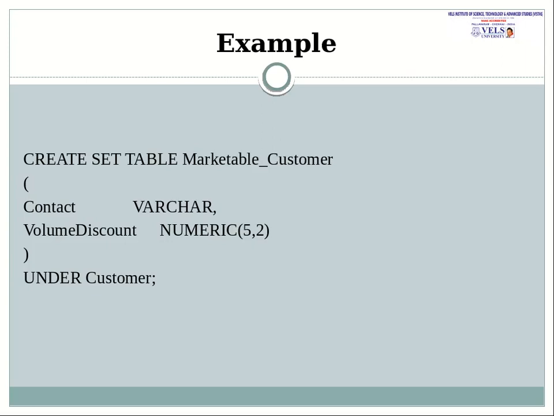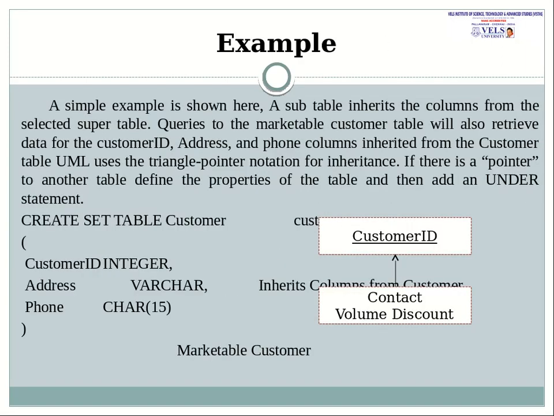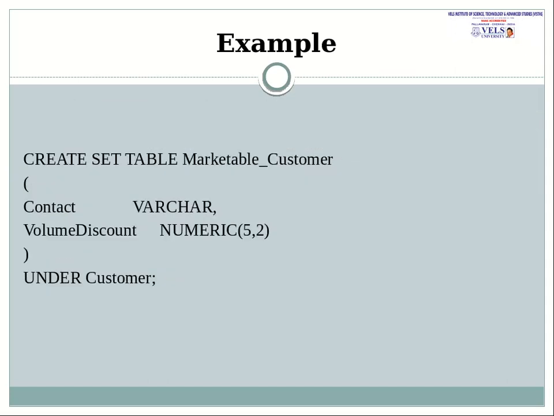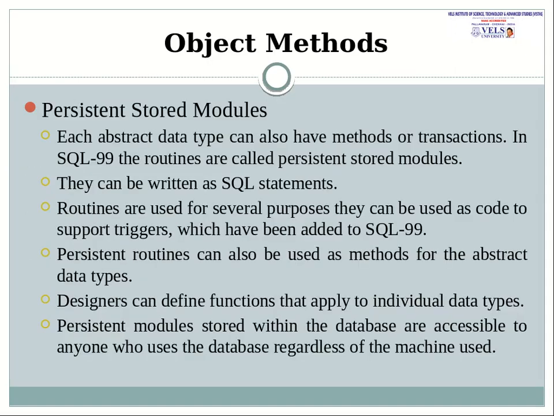The UNDER statement is used when there is a pointer to another table whose properties are inherited. With the UNDER statement, the marketable customer table can inherit the customer ID, address and phone from customer.